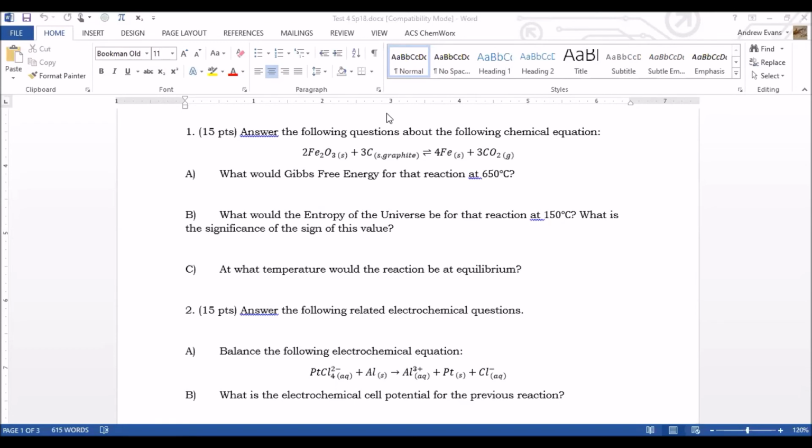So let's go ahead and get started. First thing to note, once again, if it's a take home, I am not including all these tables and tables of data. So one thing that you need to do is cite where you got your data.